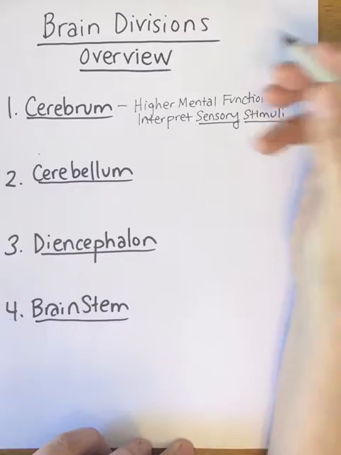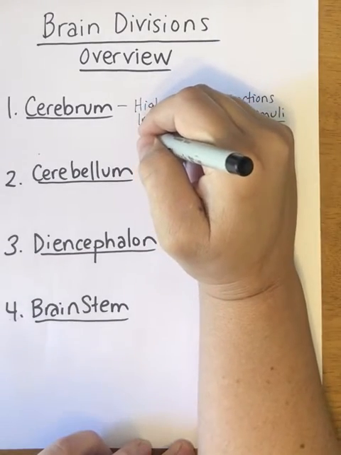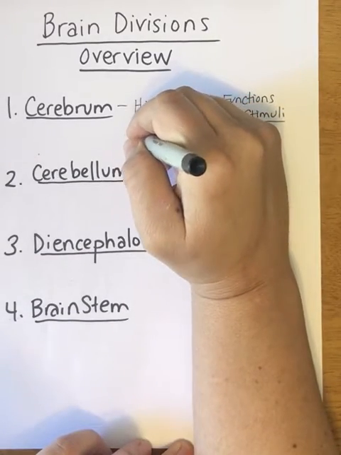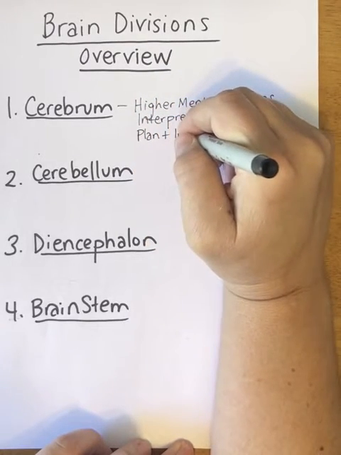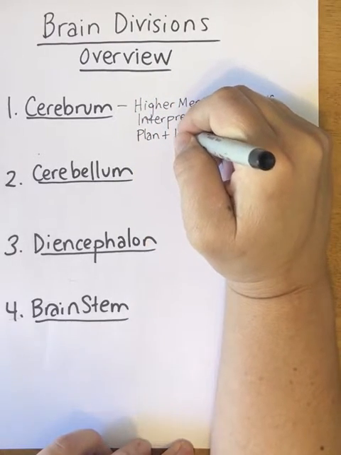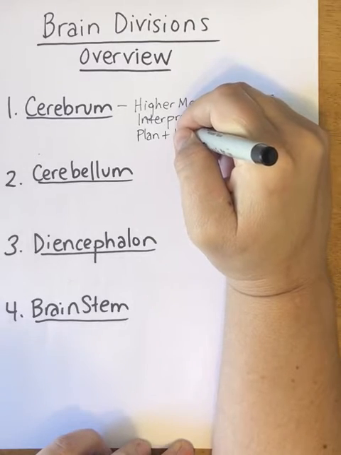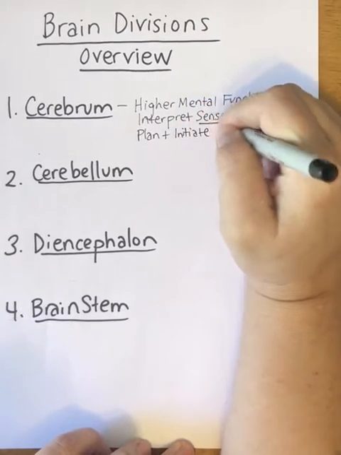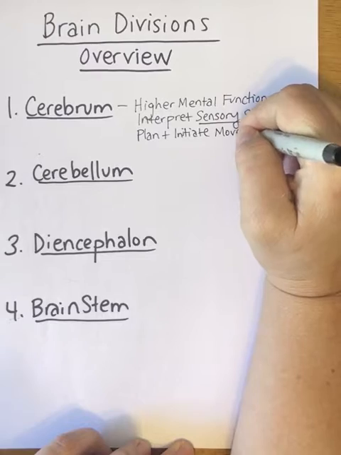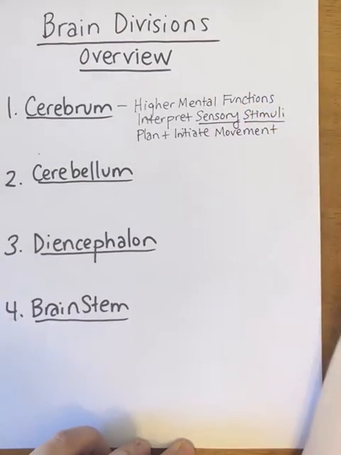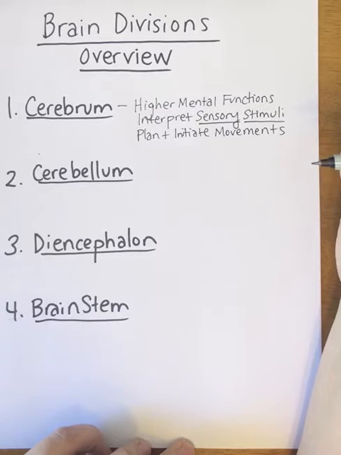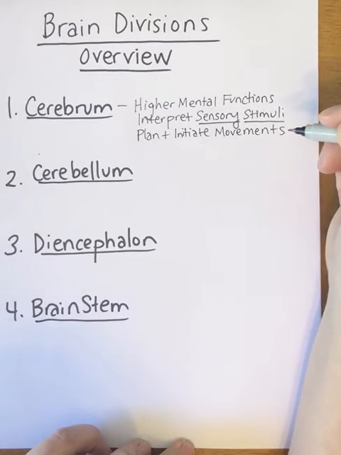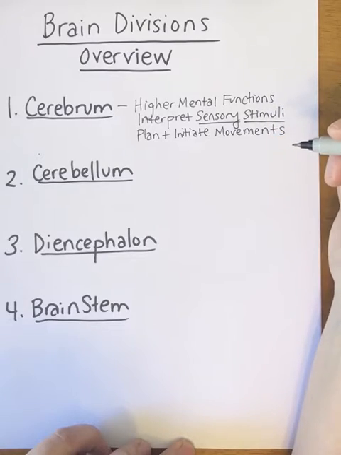Now, it also is going to plan and initiate movements. So the way we plan and initiate movements is we have to send motor impulses away from the CNS, so motor neurons leave, so that we can make muscles contract.